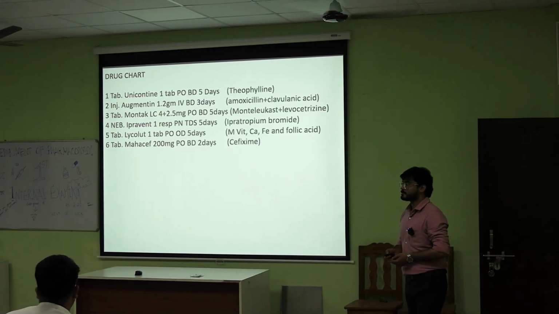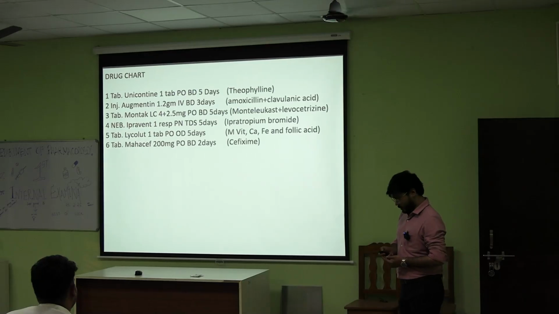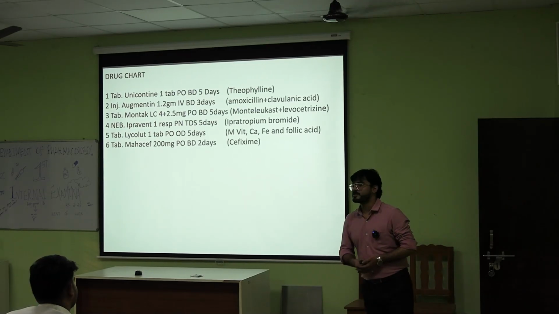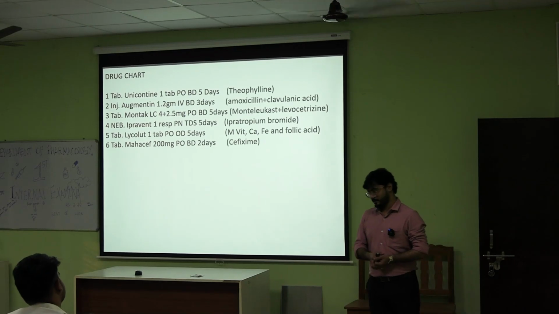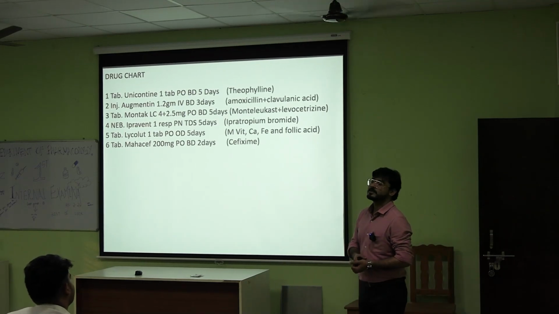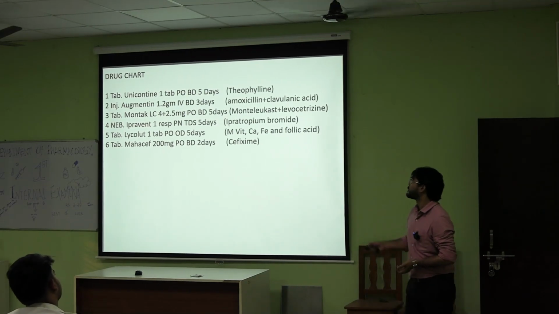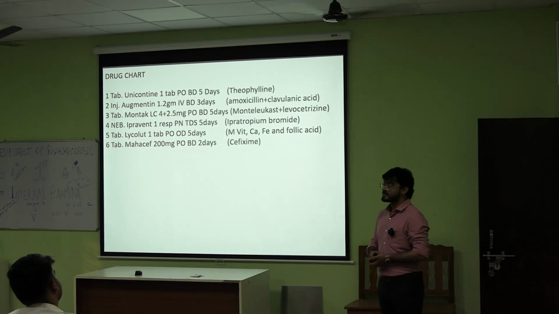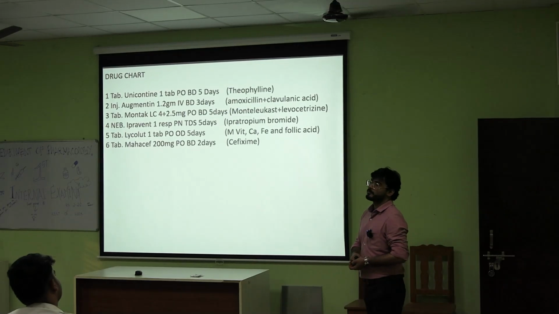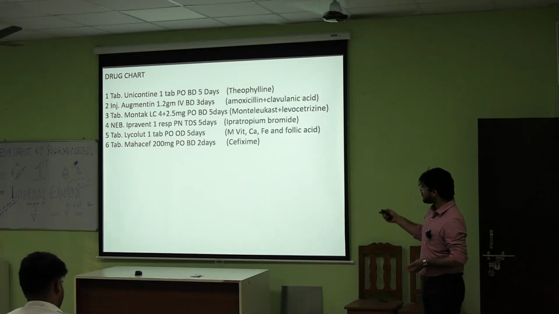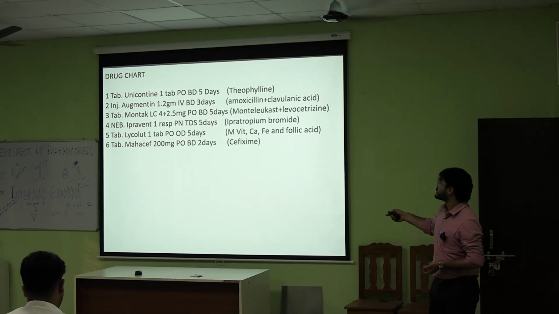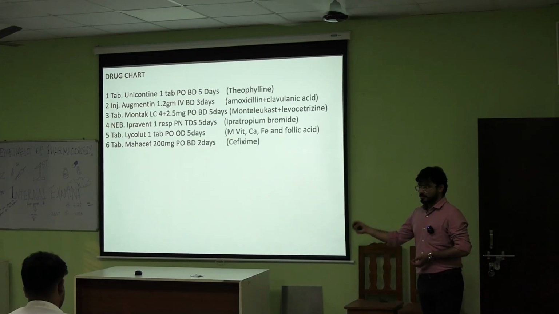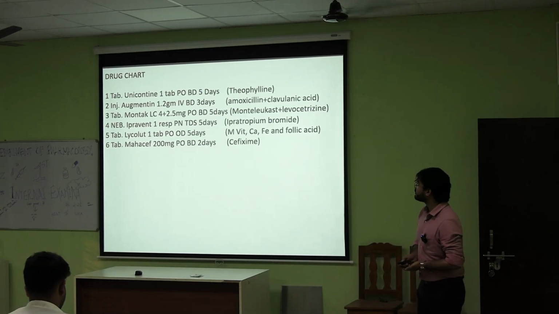Okay. Montelukast is Leukotriene receptor antagonist, ठीक है? And theophylline falls under the category of Methylxanthine, ठीक है? Methylxanthine. So these are the drugs which you will prescribe to a patient having acute asthma attacks, ठीक है?